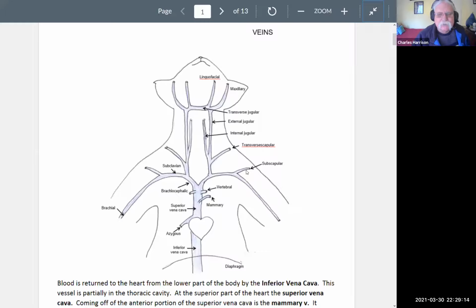This goes under the shoulder blade to the subscapular muscle. This goes over the shoulder blade to the muscles on the posterior side of the scapula, the transverse scapular, subscapular. Once you pass the subscapular, everything else, it's fair game to call it brachial.